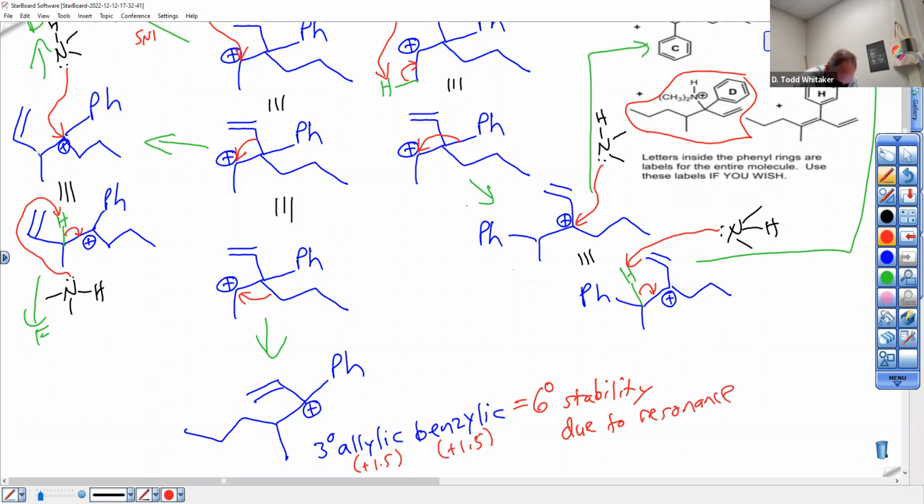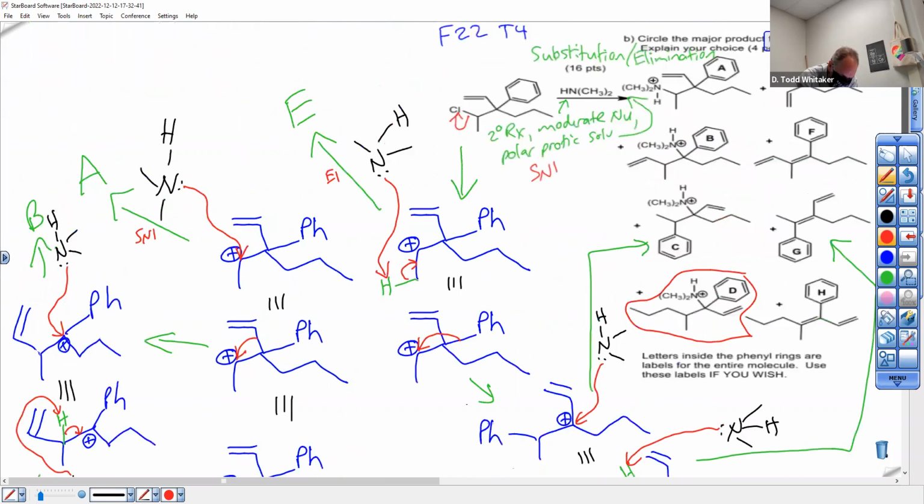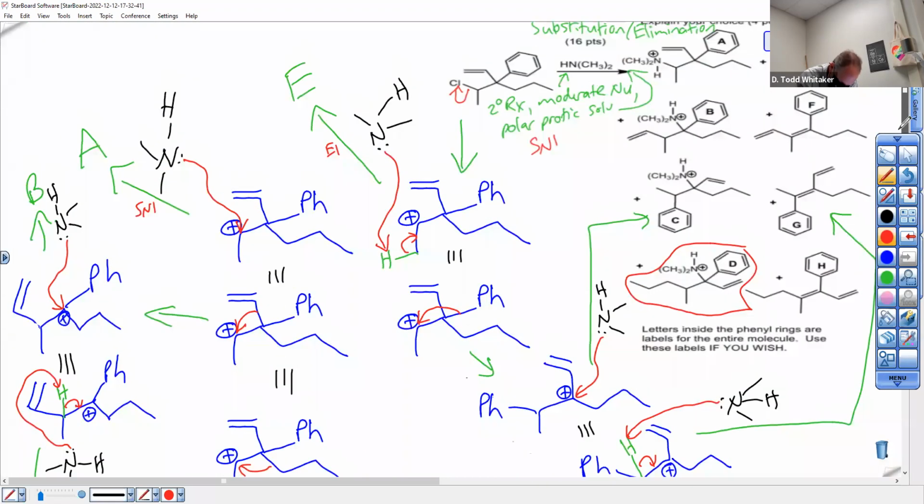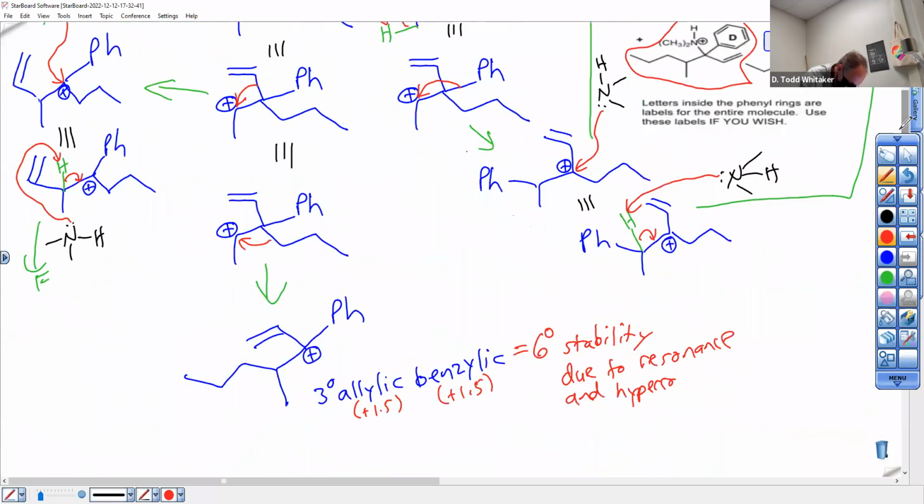Resonance and hyperconjugation. This is part of my answer for, is it part C? B and C. Hyperconjugation. Sixth-degree stability.